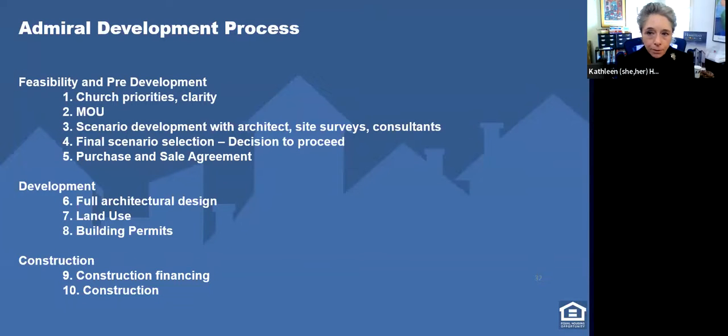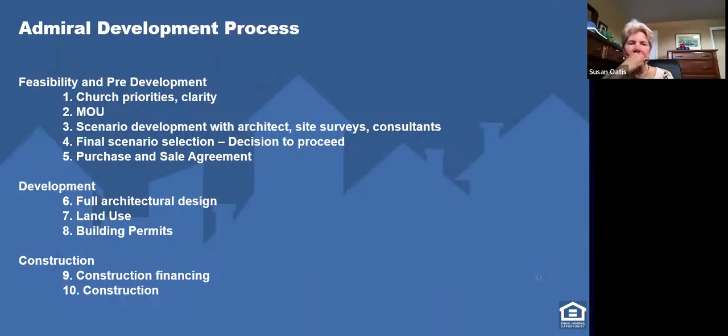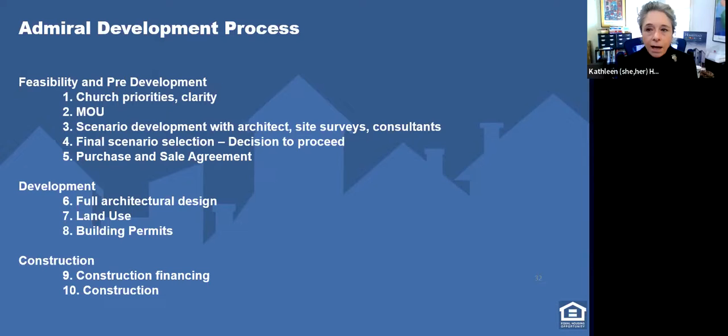Then we would enter into a purchase and sale agreement. And from there, it would go into the rest of that development process of the full architectural design, which would be in partnership with you, land use, building permits, fundraising, construction, financing, construction. So those are the steps going forward.